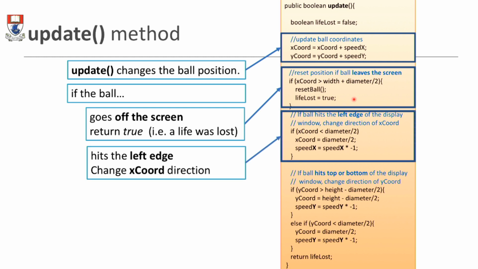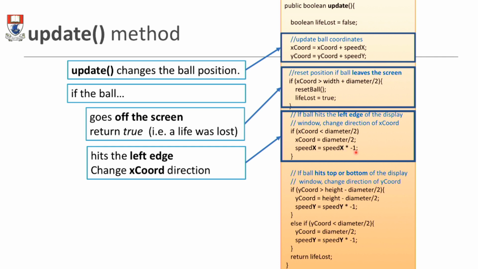If it hits the left edge, then we want to change the x coordinate direction. So the ball can move from left to right, but then it can go from right to left. So when it hits the left edge, we need to make it go back the other way again. So what we're saying here is if the x coordinate is less than the diameter divided by 2, the x-coordinate is assigned a value, the diameter divided by 2, in other words the radius, and speed x equals speed x multiplied by minus 1.